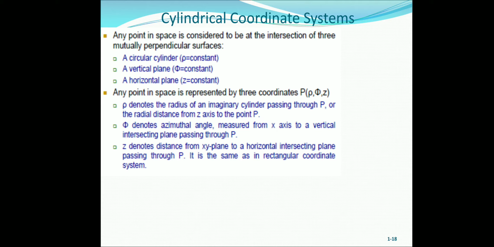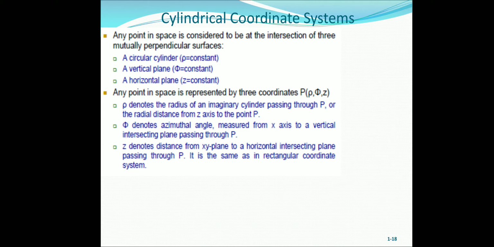So in the cylindrical coordinate system we represent a point using three parameters, that is, three planes: P of rho, phi, z. Rho is the radius of an imagined circular cylinder.